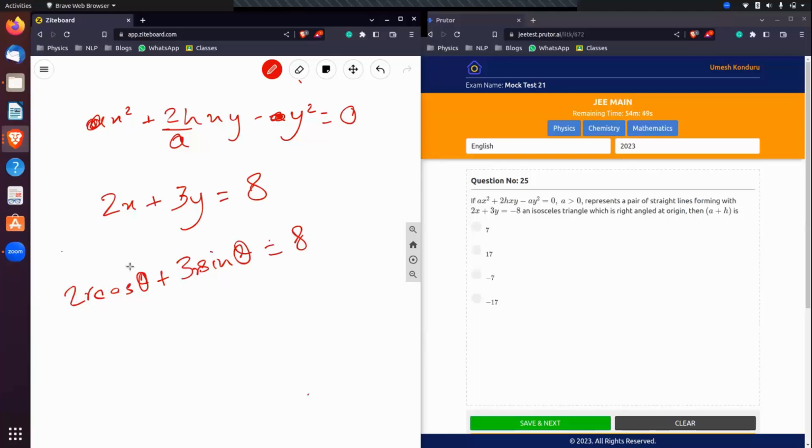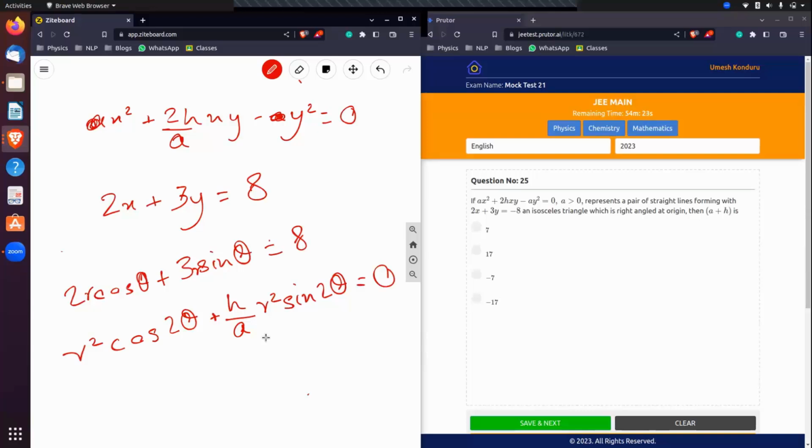And you have r cos square theta, r sin square theta, so that will be r square cos 2 theta plus h by a r square sin 2 theta equal to 0.